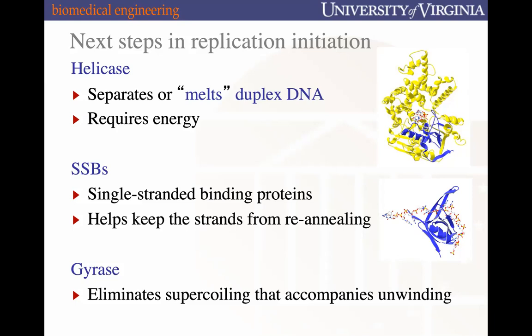If you were to pull them apart, you can imagine that that separation is going to create lots of extra coiling further down on the DNA strand or on the phone cord. And so there are proteins that help stabilize the DNA at those distant sites so that supercoiling isn't happening. Gyrase is a class of proteins that helps to eliminate that supercoiling and help unwind the DNA a bit so that supercoiling doesn't happen.